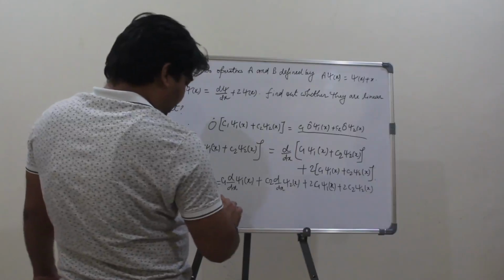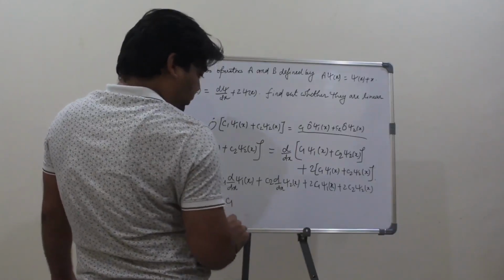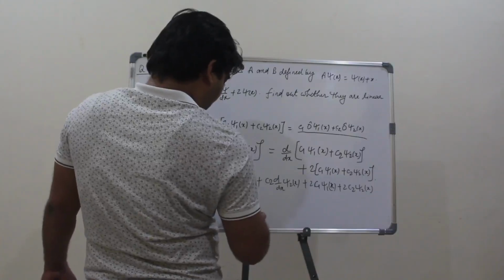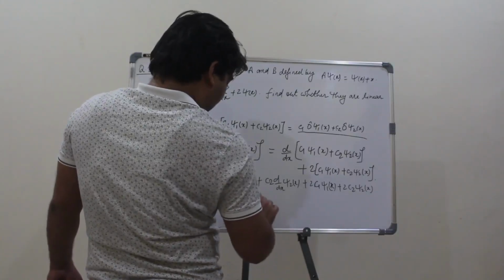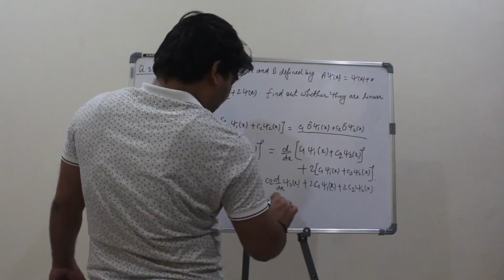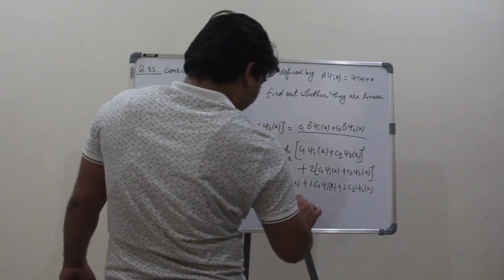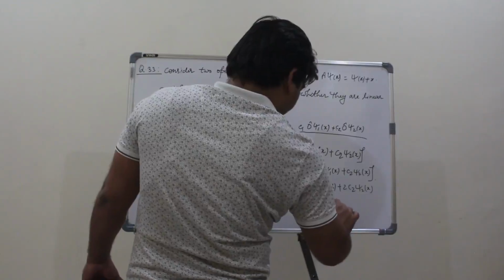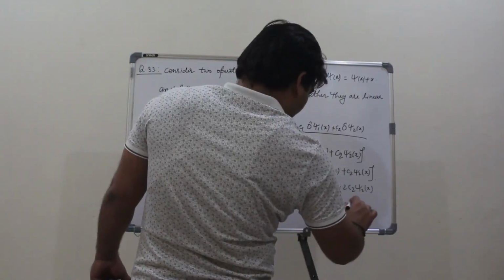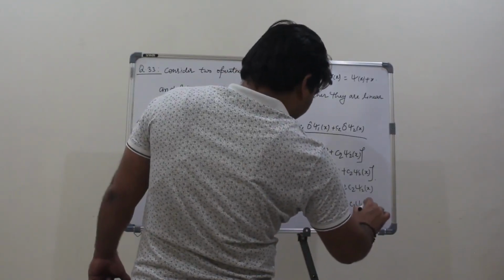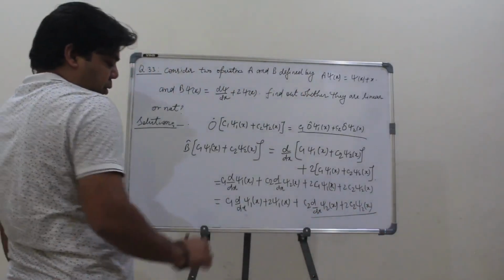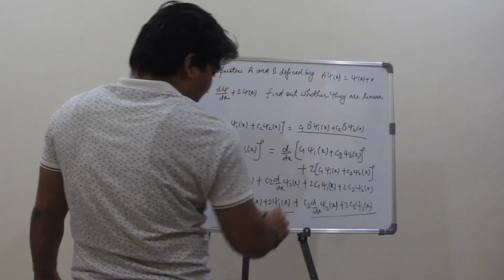Which can be written as c1 d/dx of psi 1(x) plus 2 psi 1(x) plus c2 d/dx of psi 2(x) plus 2 psi 2(x). So what does it mean?